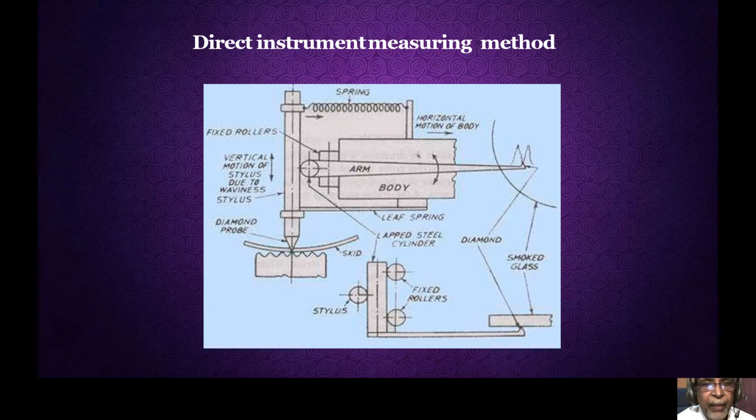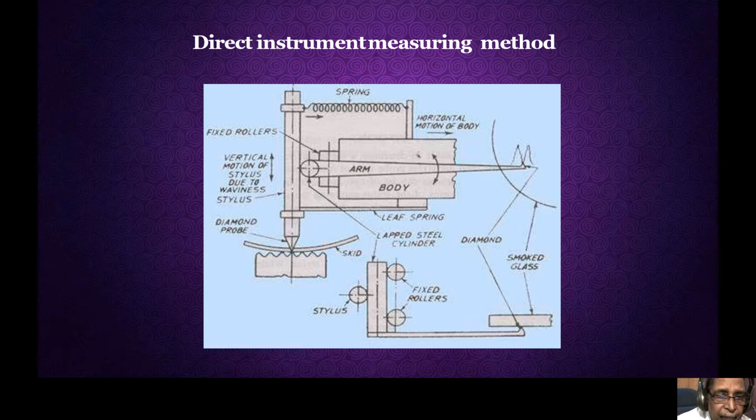Direct instrument measuring method. See, here is a diagram. We can see here a vertical shaft. At the bottom, there is a diamond probe.